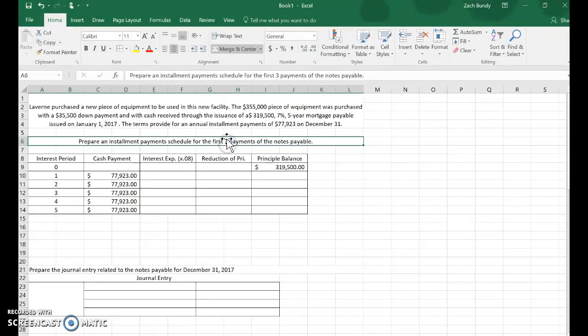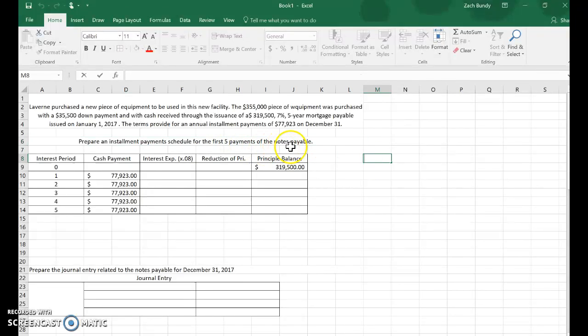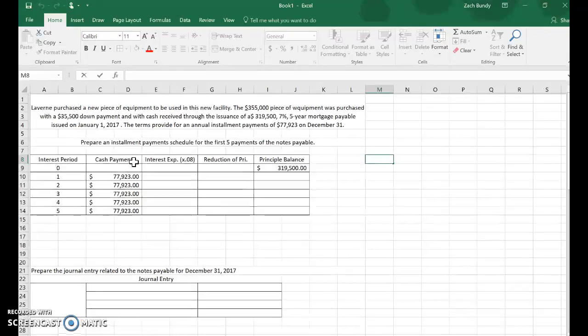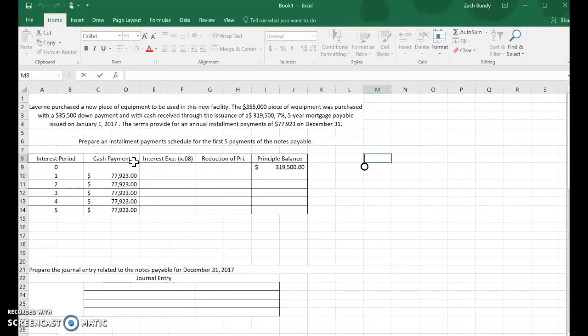It's 5, sorry, on the homework: 5 payments on the notes payable. So we know every payment we're going to make is going to be in this amount, $77,923. So the first step of what I did is I just put it in there for each payment. We know we're going to do that.